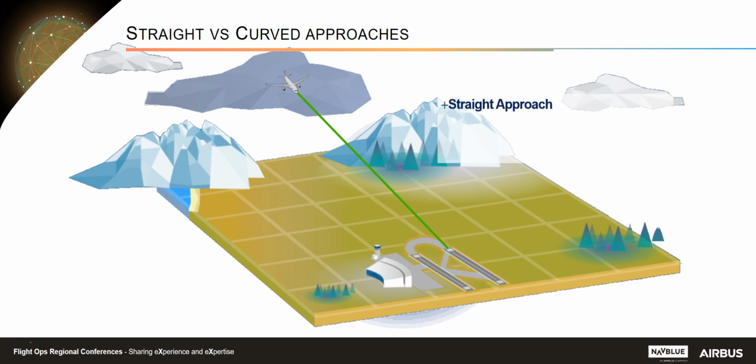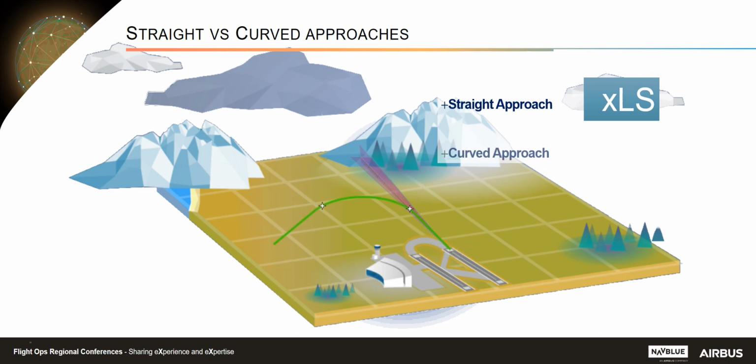So, for all straight final approaches, we have a solution with this XLS concept. But for curved approaches, when there is a turn after the final approach point, like on RNP AR approach, XLS cannot be used.